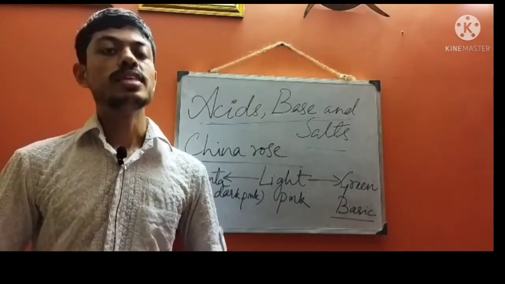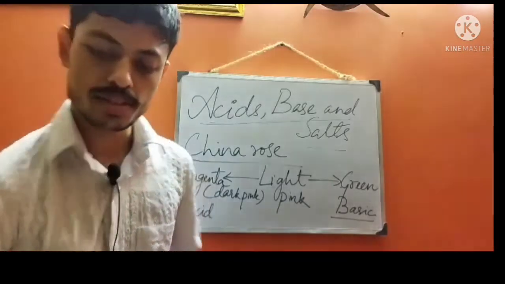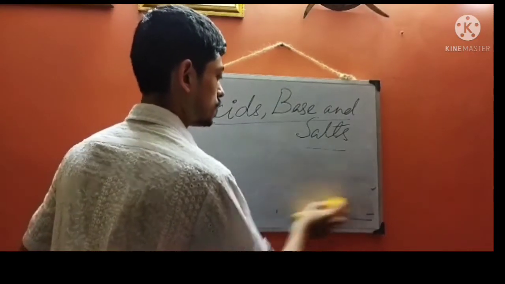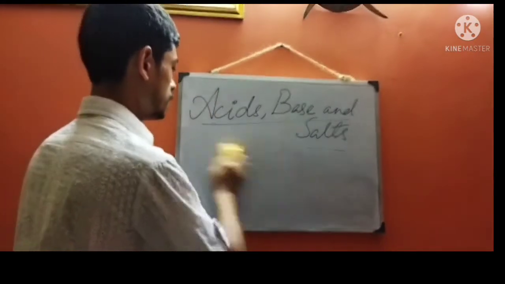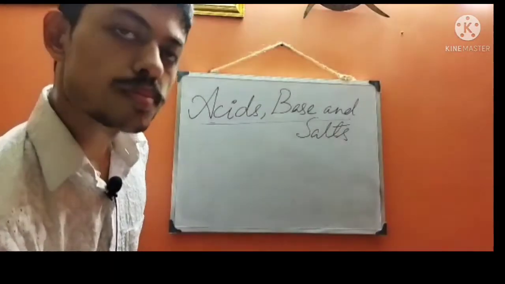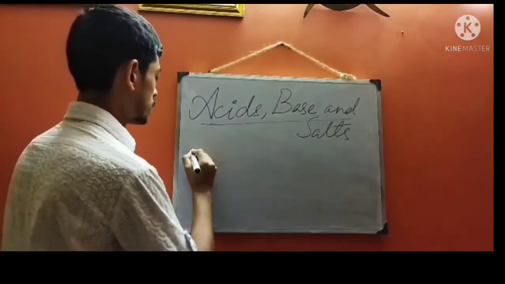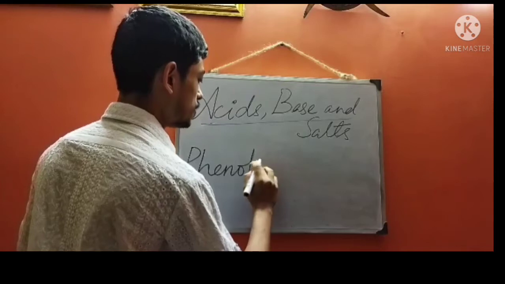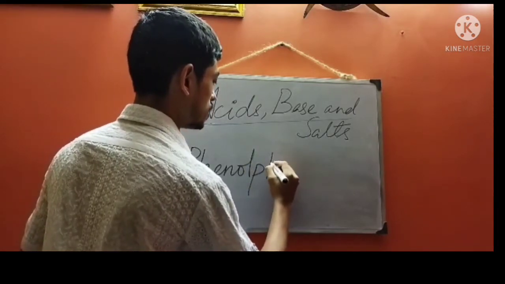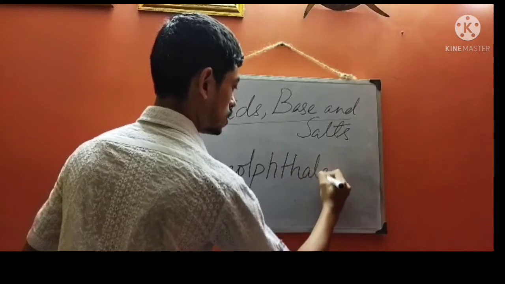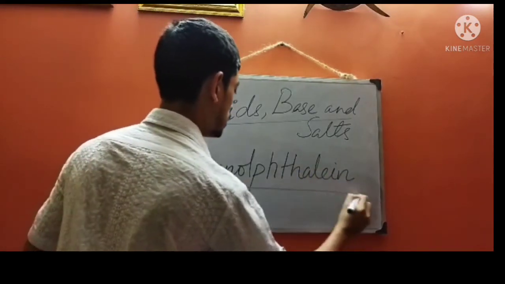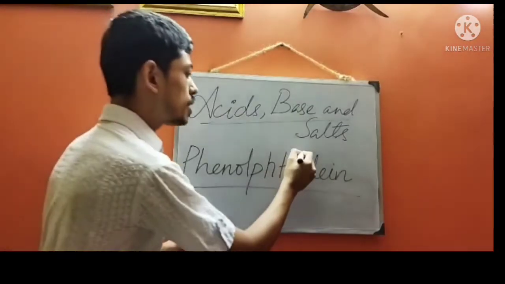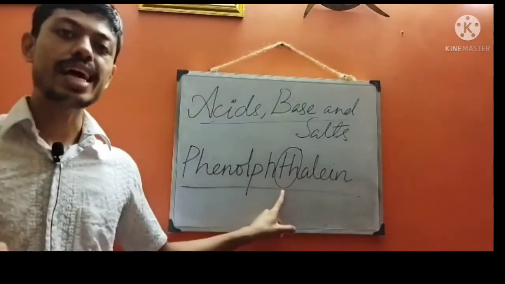Now coming to the synthetic or man-made indicators. The synthetic indicator which we would discuss here is phenolphthalein. Why phenolphthalein? Because the TH here is silent.